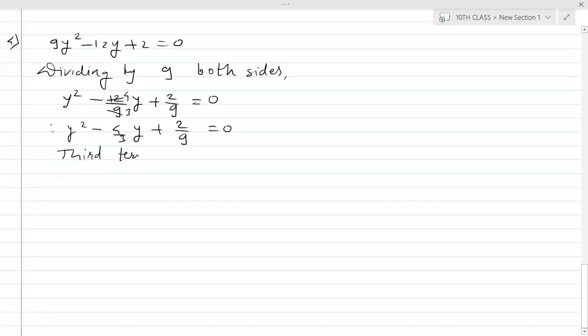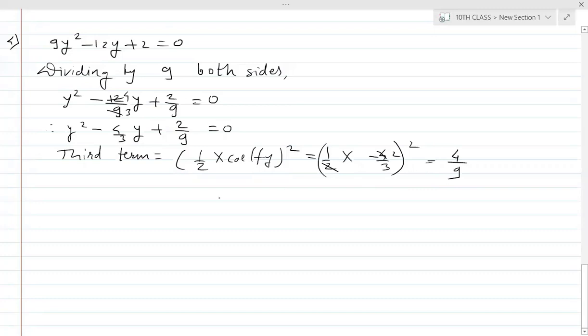The third term can be found using the formula half of the coefficient of y, whole square. Half of the coefficient of y, minus 4 by 3, whole square: 2 2s are 4, minus 2 by 3 whole square becomes 4 by 9. Now I am going to add 4 by 9.